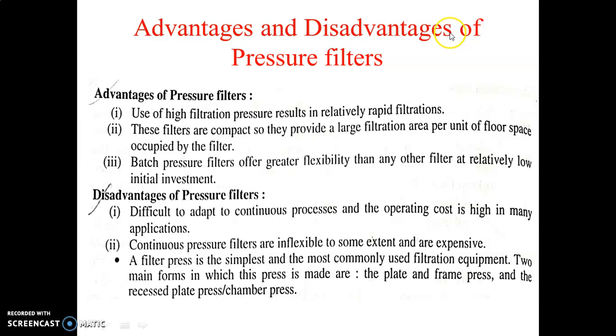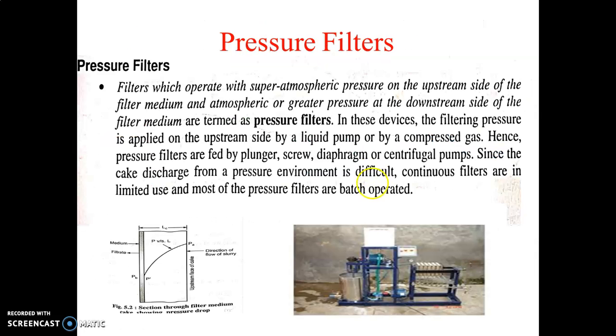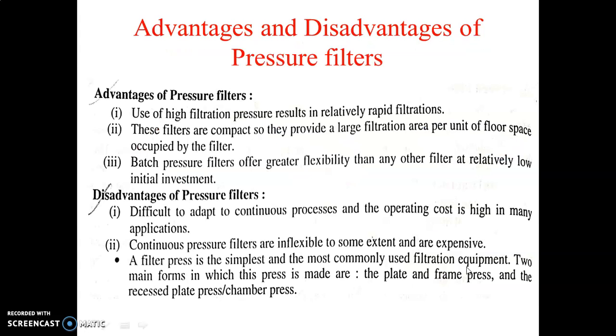So what are the advantages and disadvantages of the pressure filters? Use of high filtration pressure results in relatively rapid filtration. That means if we use a gravity filter, where we keep this tank at a higher level and by gravity this liquid goes through this filter press, the rate of filtration is very low.